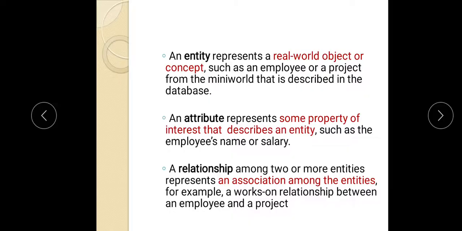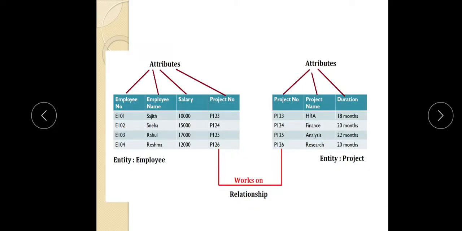So the employee entity and the project entity are related using a relationship called works on. These three concepts can be explained with this figure. See here, this is an entity called employee, the employee table. This is another entity called project.